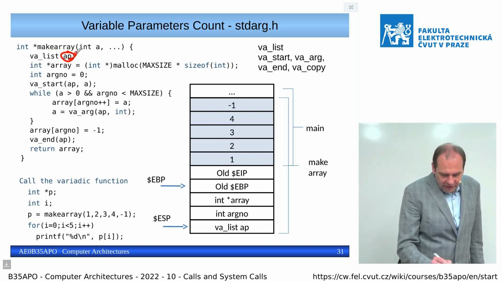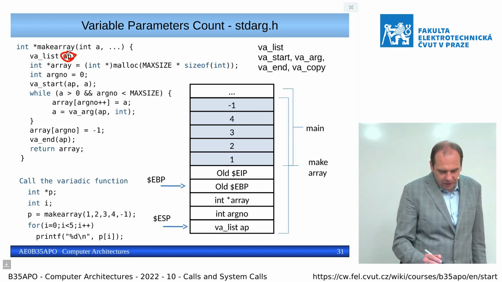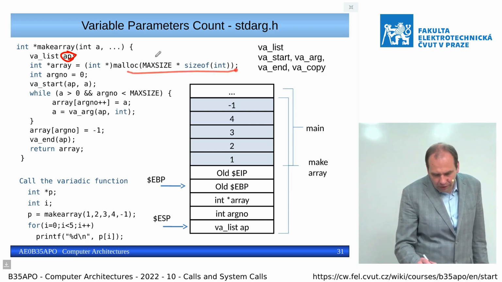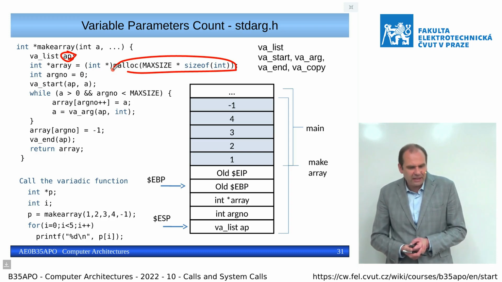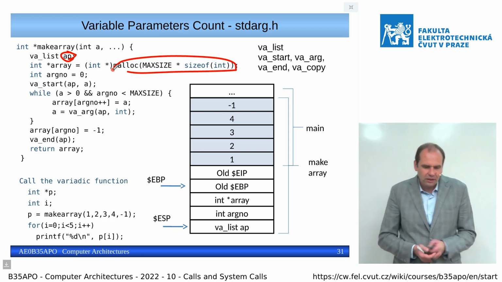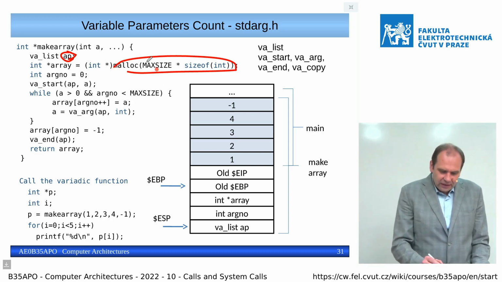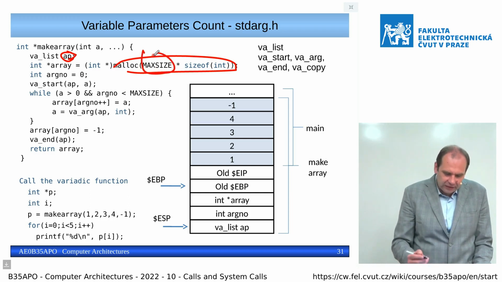So we declare this variable. Then we need to allocate the size of the array, and we do not know it in this case, so we allocate some maximum size which we expect the array can have.